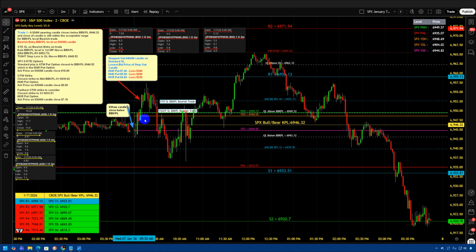Now, if you use the tight stop loss, you would have less of a loss on this, and you would have gotten stopped out here as this candle wicked up through the QL above level, the tight stop loss. And that would have been the 9:36 a.m. candle. Now we'll look at the second trade.